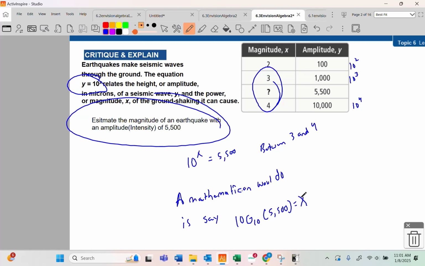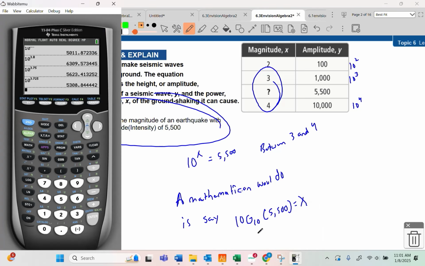Now, because that's base 10, and the calculators actually have that built in, if it doesn't have it, it's understood. There's my answer, 3.74036 and so forth.